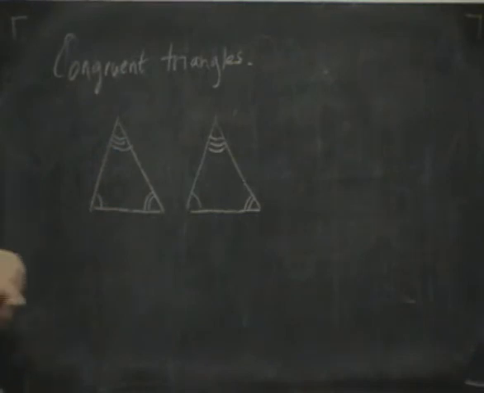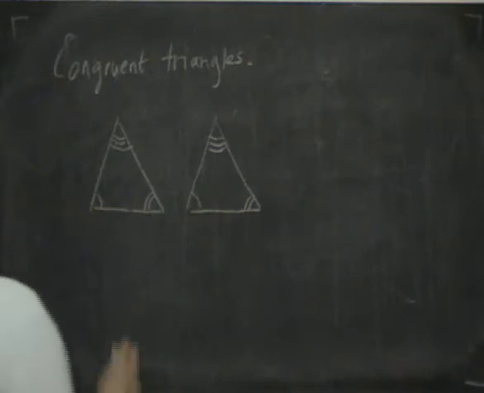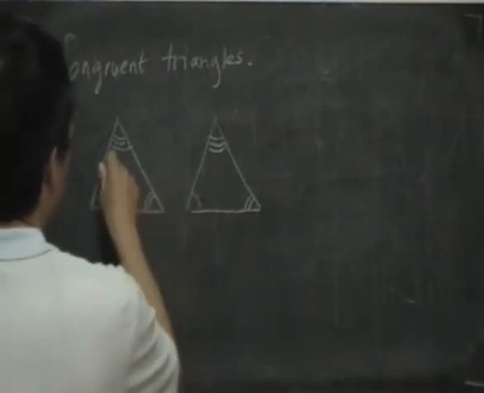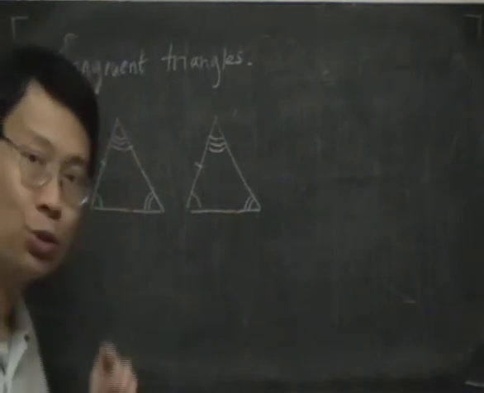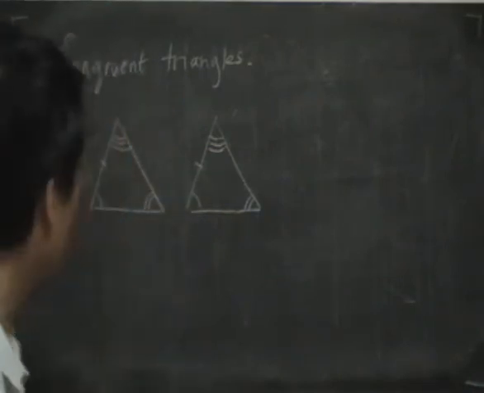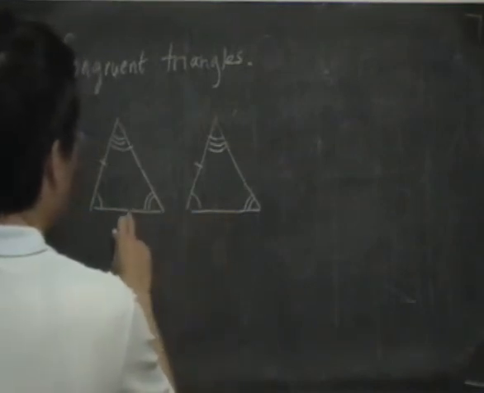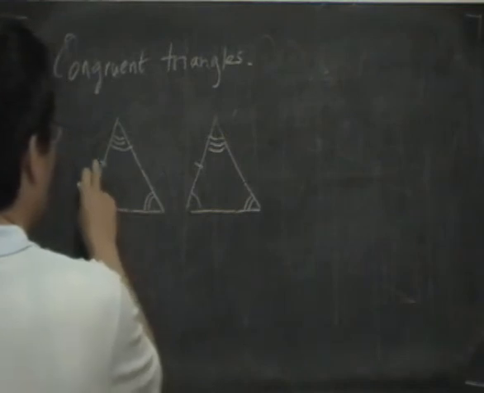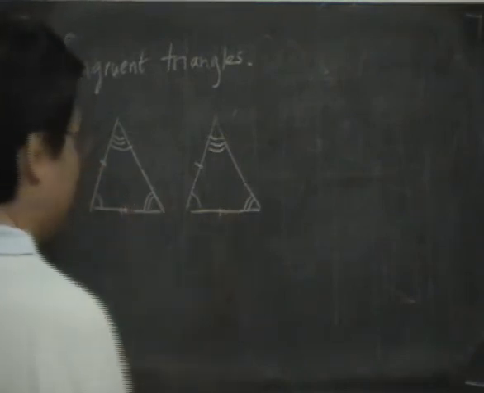And likewise, we can do that for the sides. So if I want to show that those 2 sides are equal, that's a common way to do it, to put a little stroke across the side. And if I want to show that these other 2 sides are equal, but maybe not the same as that one, I can put 2 little strokes like that.